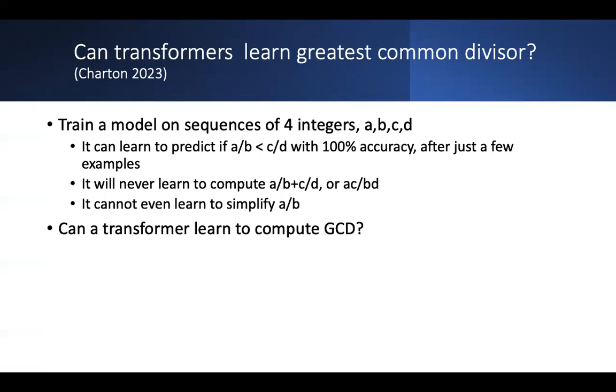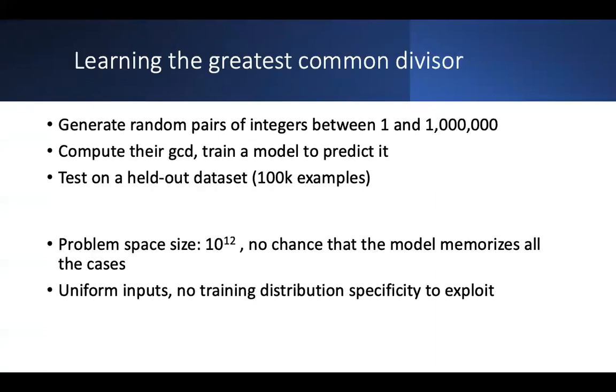So, when you see this, you say, okay, here you have GCD, here you don't. So maybe it's just a problem of not learning the GCD. So, the drill now: you generate random pairs of integers between 1 and 1 million. Why 1 million? Because you've got a problem space of 10 to the 12, so no chance the model will ever memorize everything.